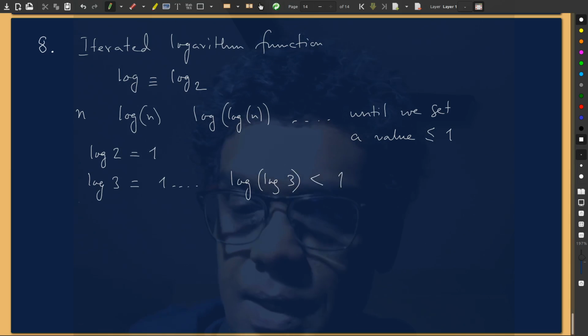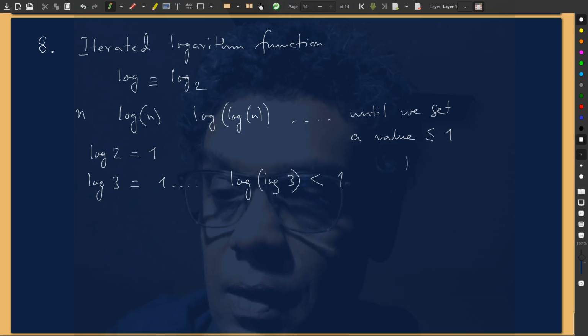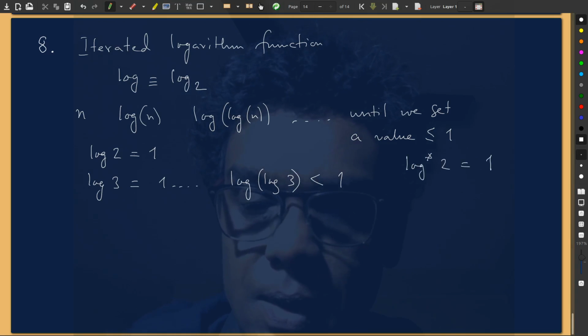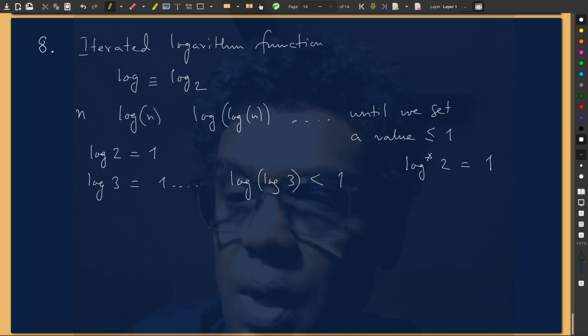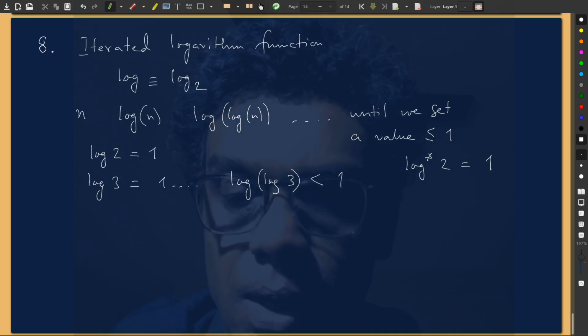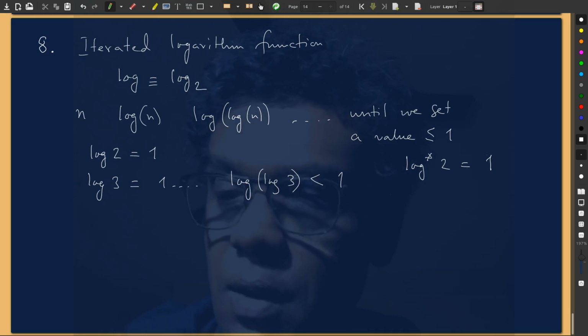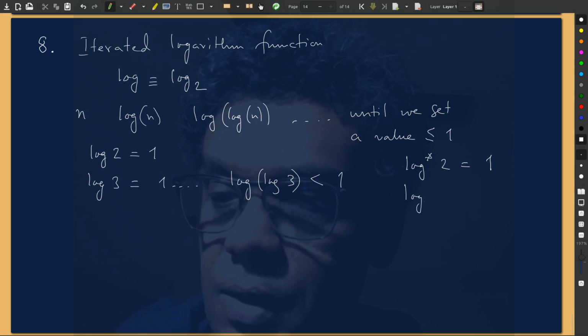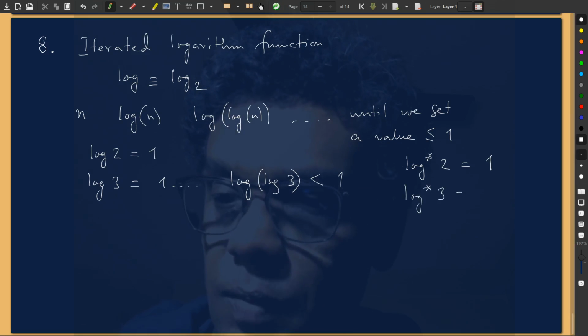So I say that log star 2 is 1, because I have to take only one log in order to reduce this to 1, whereas log star 3 is 2.